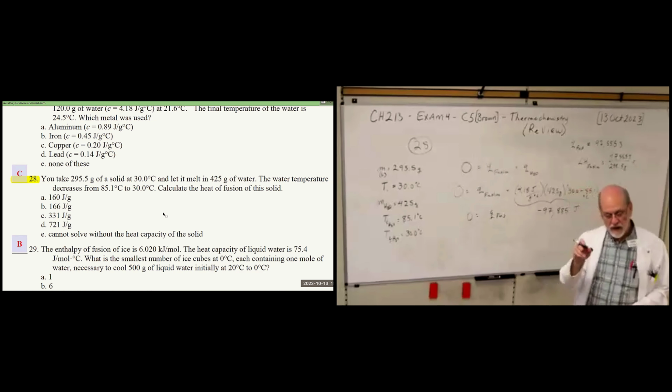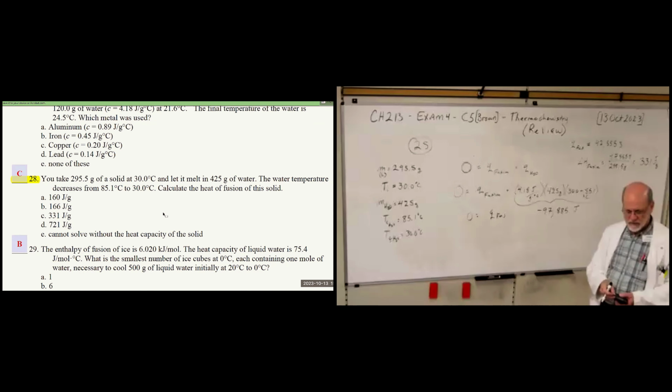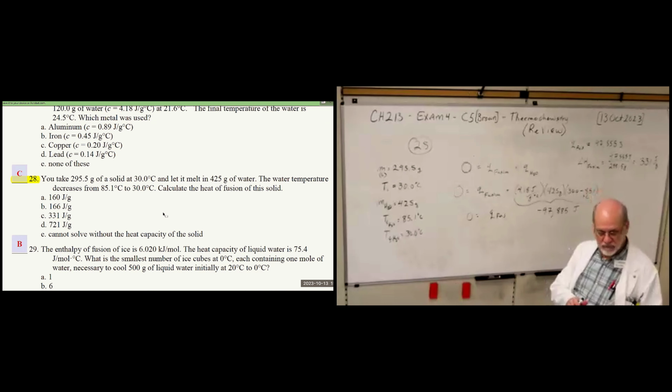And yes, our answers are in joules per gram, so that keeps us on track. 295.5 divided is 331 joules per gram, which would be C.